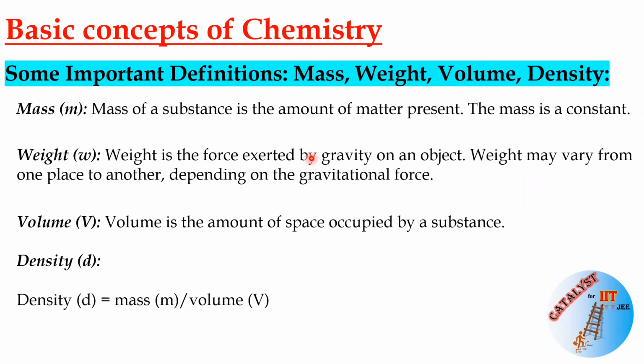But weight is the force exerted by gravity on an object. Now we know that when you change a place, like when you move from Kashmir to Kanyakumari, the force exerted by gravity changes, correct? The gravitational force changes, and because of that the weight of your substance is going to change. So weight is not a constant, however mass is a constant quantity.